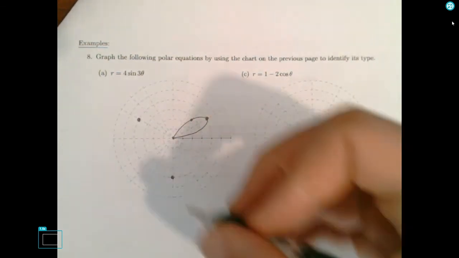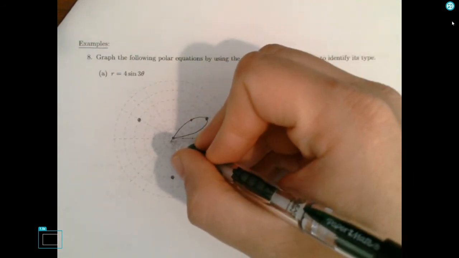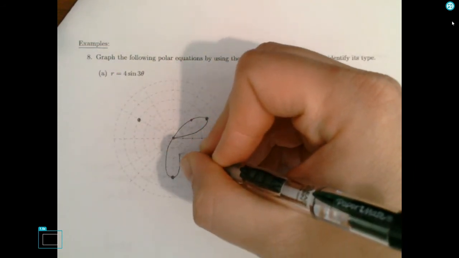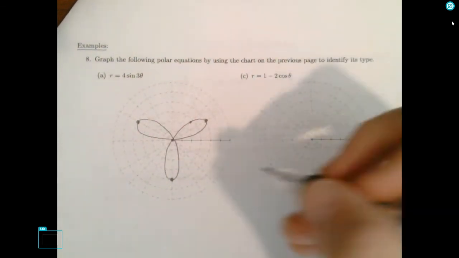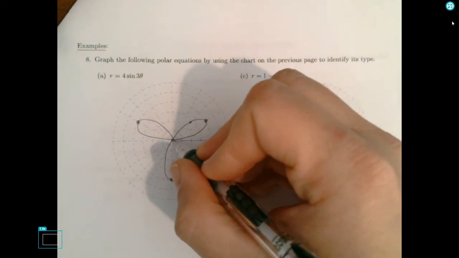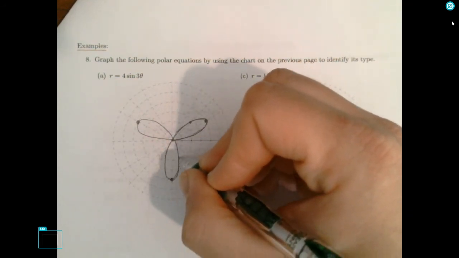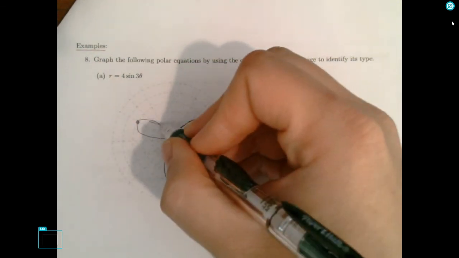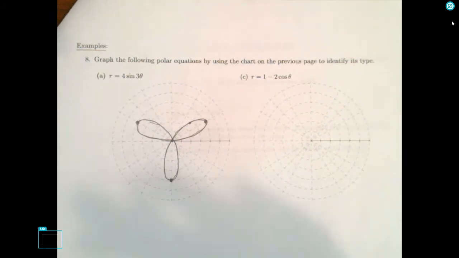From there, it's really like you just do your best. This is what I'm thinking. So that is the way that it gets traced out, by the way. If you actually plot the points, it gets traced out in that trajectory, which is kind of cool. Anyway, so that's graphing a rose.